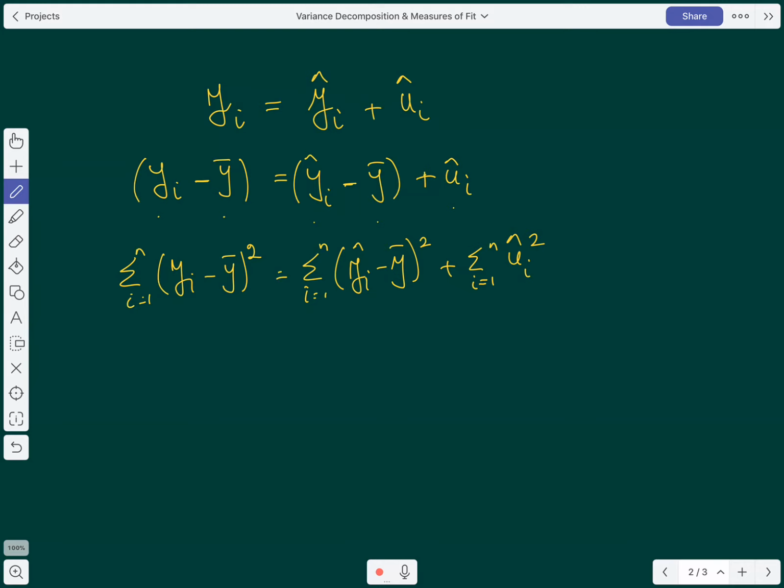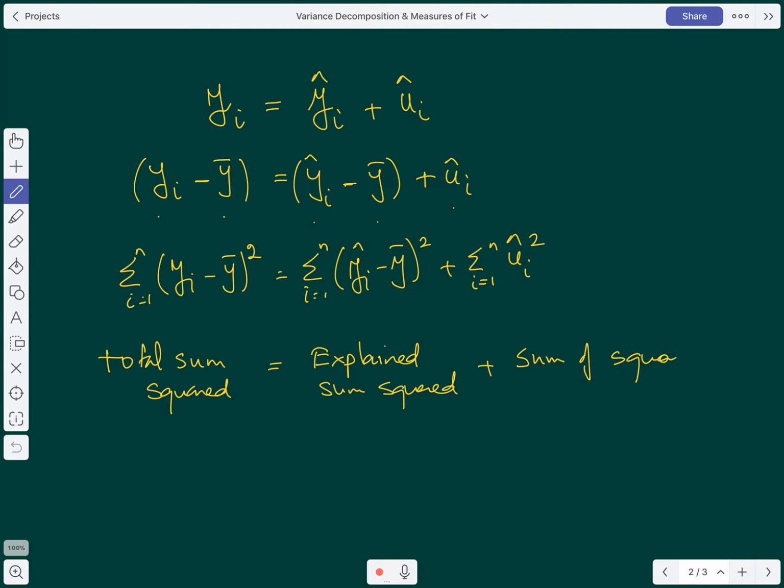We call the first part the total sum of squares, equal to the explained sum of squares, plus the sum of squared residuals.